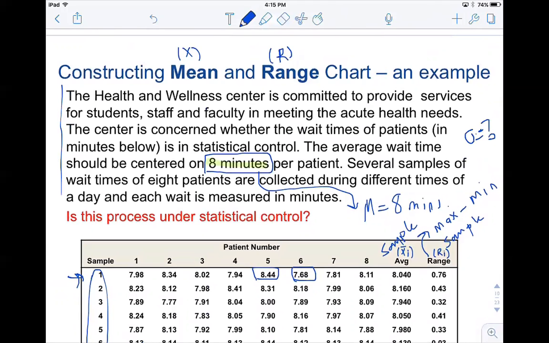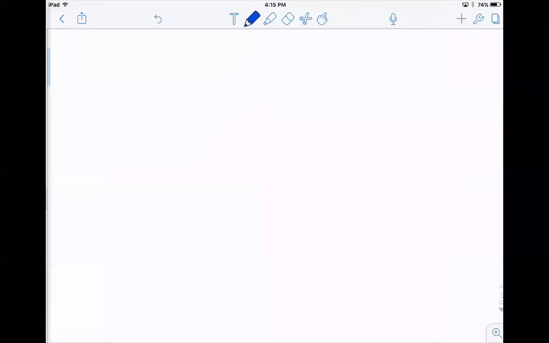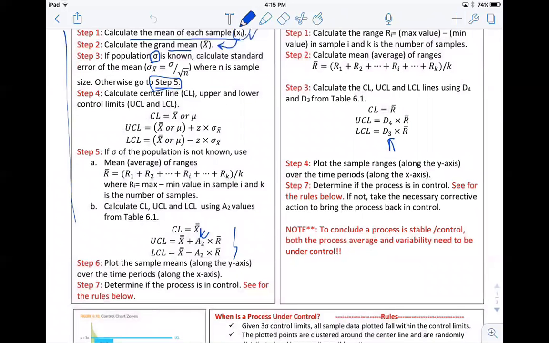Therefore, we skip step three and step four and jump directly to step five. In step five, we calculate R bar, the average of the ranges that we found for each sample.